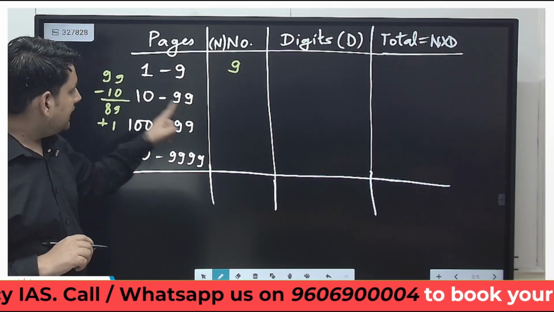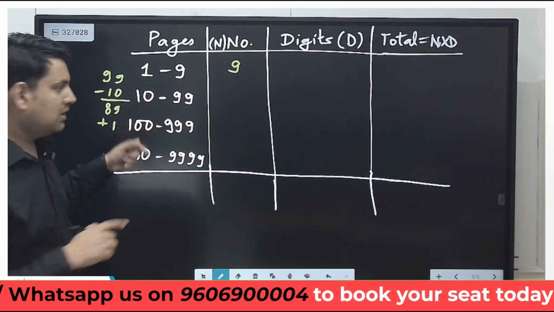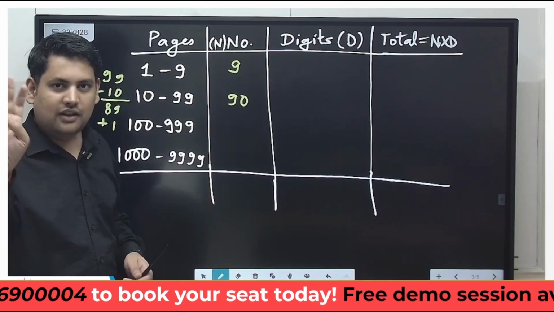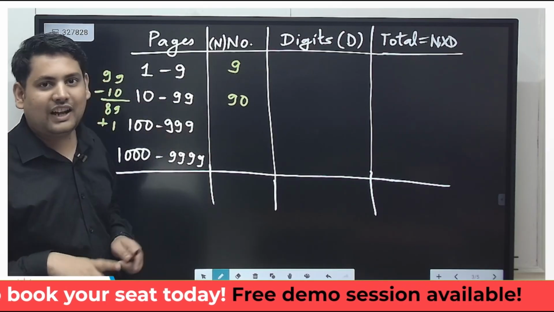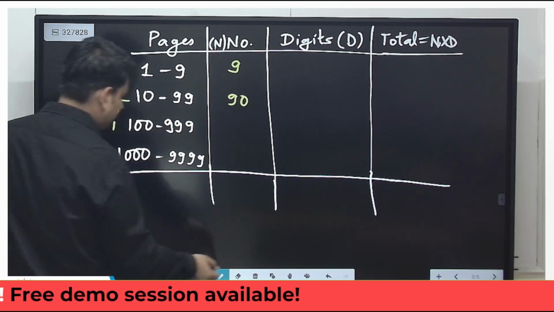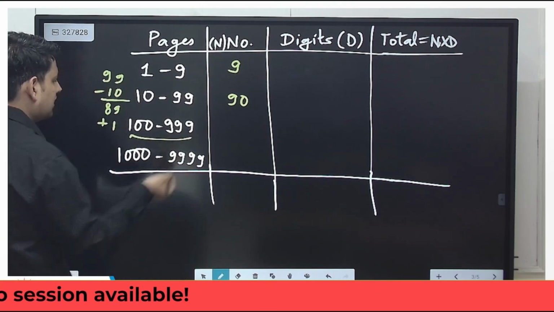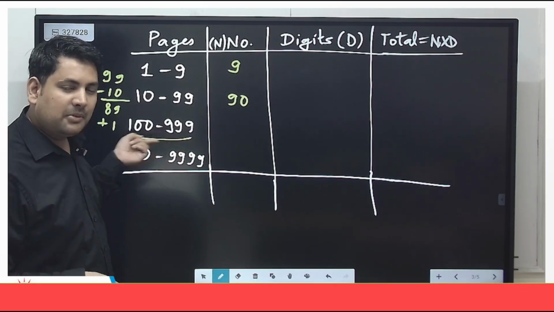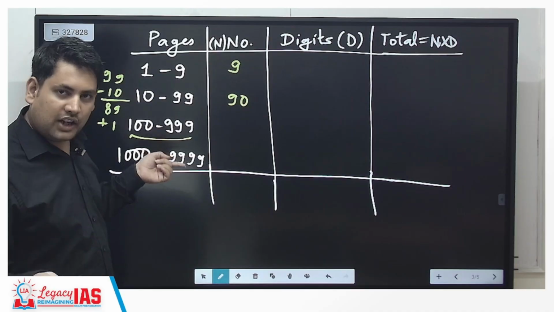Correct? So 99 minus 10 is 89. 89 plus 1 is 90. If you count also like this 10, 11, 12, 13, then also you will reach that there are 90 pages. Understood? Then similarly, can you tell about this 100 to 999? If you subtract, what you will get? 999 minus 100, 899. Then you add 1 to it.